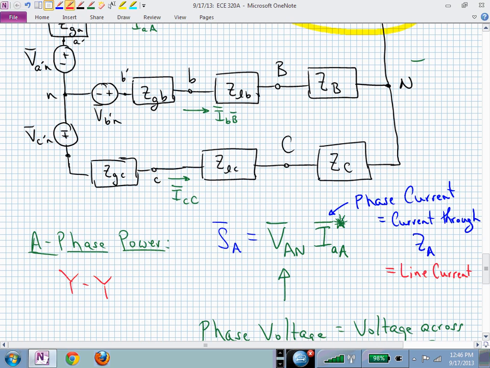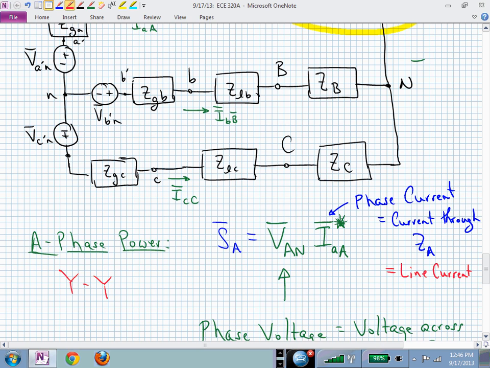Now, if somebody goes out here and gets a little bit slap happy with their voltmeter and they measure voltages and they put their negative probe not at capital N, but they put it at capital B, and they say, oh, here's a voltage. What have they just measured?